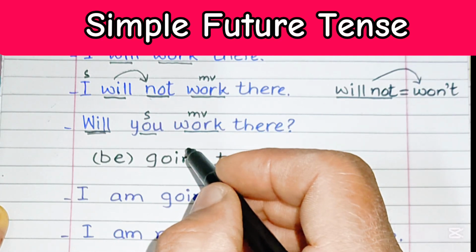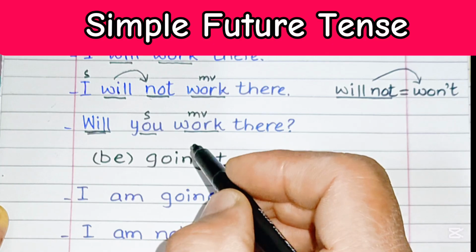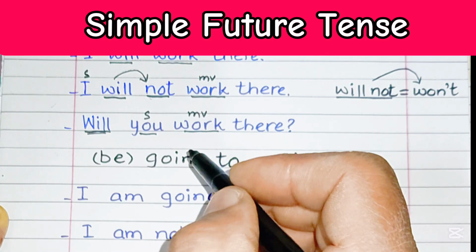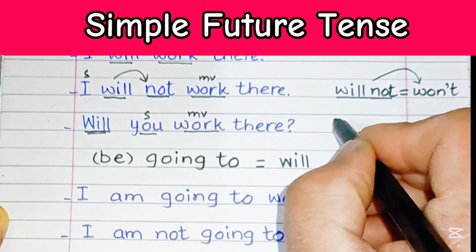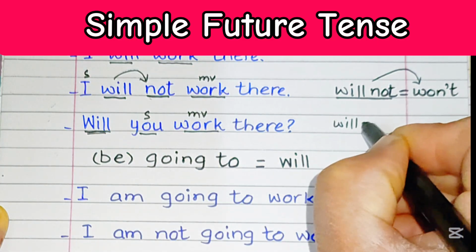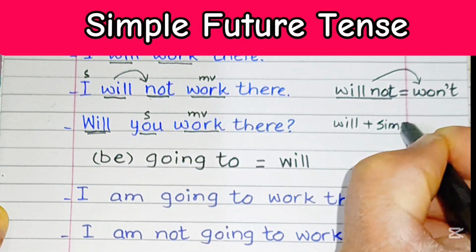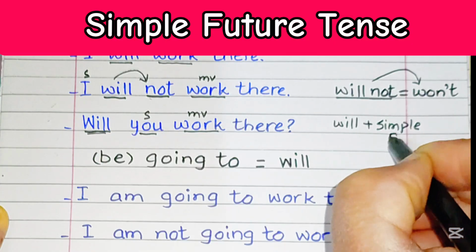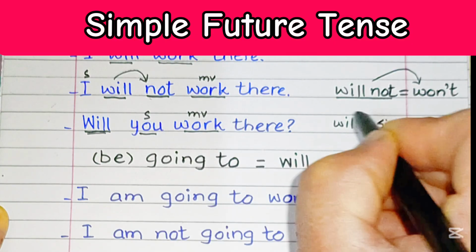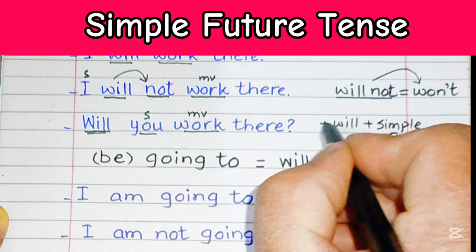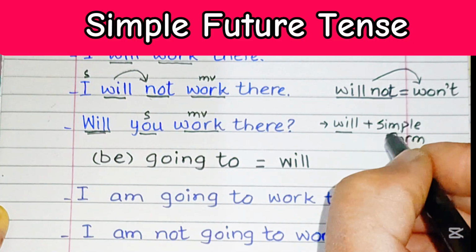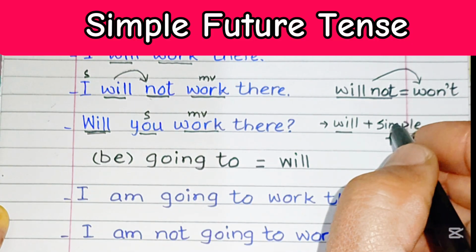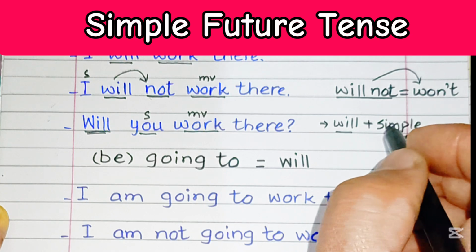Use modal verbs or helping verbs with the simple form for the future tense. Modal verb will, and then simple form of the verb. So we are supposed to use the modal verb will and then the simple form of the verb for simple future tense.